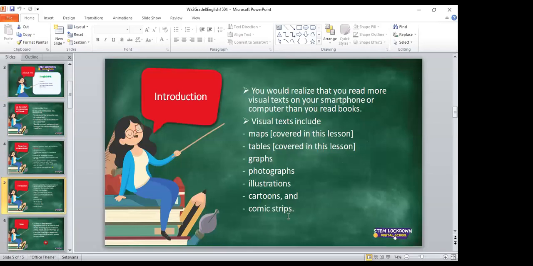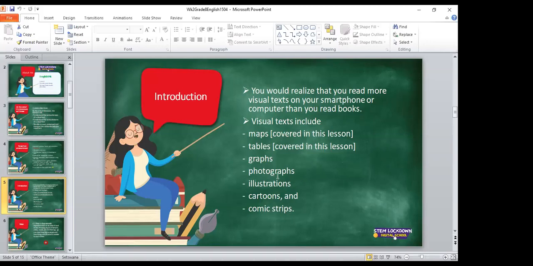In your tests and exams, you will come across a comic strip that you need to analyze and then answer questions based on it. The same is also true with cartoons, those cartoons that you see in newspapers, in the business section of the newspaper.